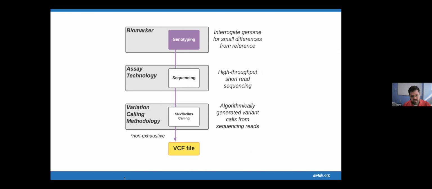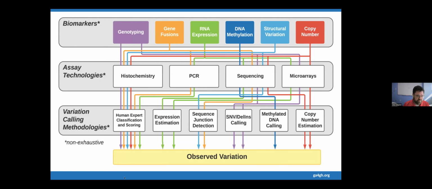And then these algorithms output their calls for the variants into a VCF file, or variant call format file. And this is something that's well known and broadly used. I'm certain GHGA has its own collection of VCF files representing the data from the consortium.